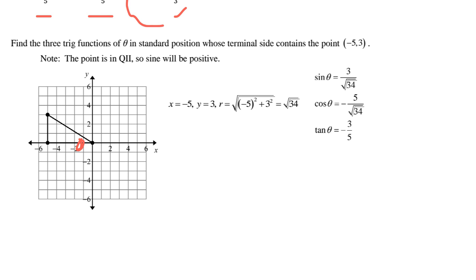So they found r, which is square root of 34. So sine is 3 over root 34. Well, we can't leave it like that. We need to multiply that by root 34 over root 34. That's going to give us 3 root 34 over 34.